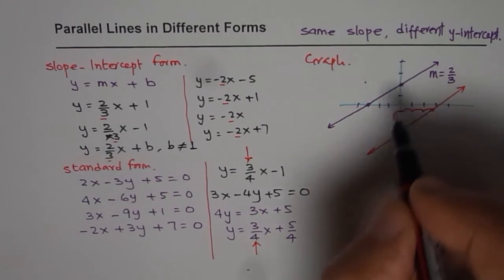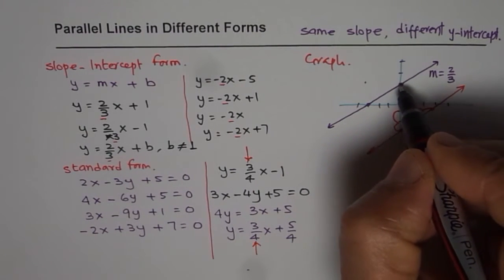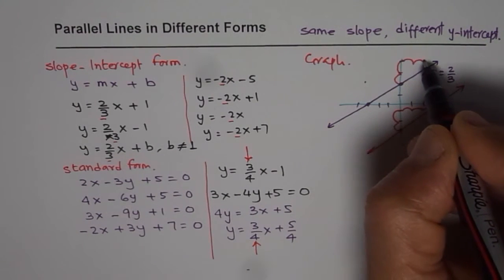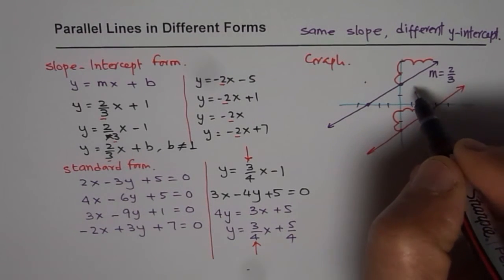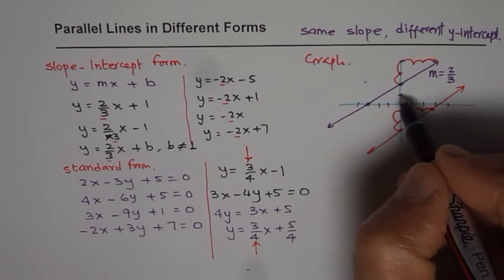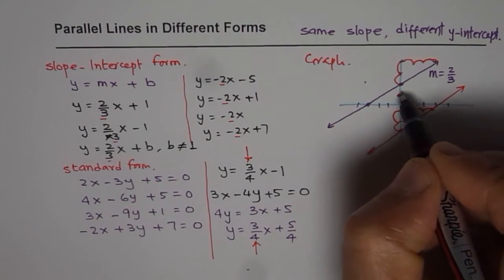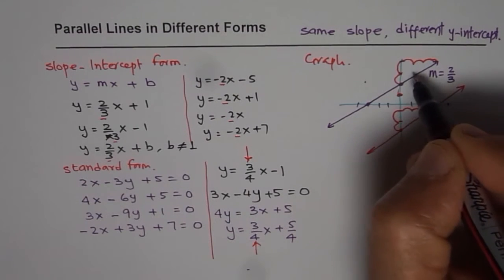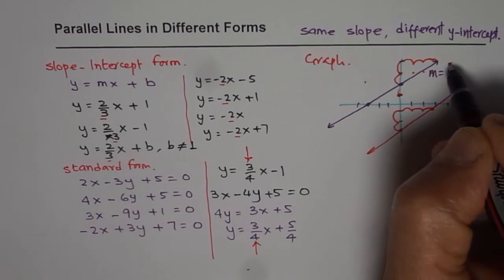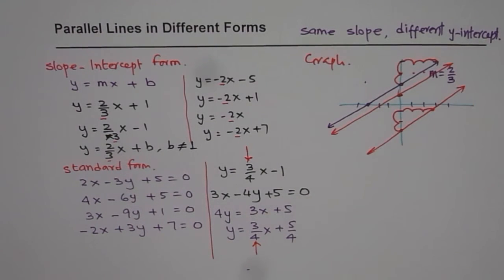You could also go up 2, right 3, 1, 2, 3. So in that case, this is the same line, but you could start from somewhere else, right? So if you start from here, then you could go 2 here, and 1, 2, and 3. So that will be another line which will be parallel. So anyway, you can draw many parallel lines in this fashion.